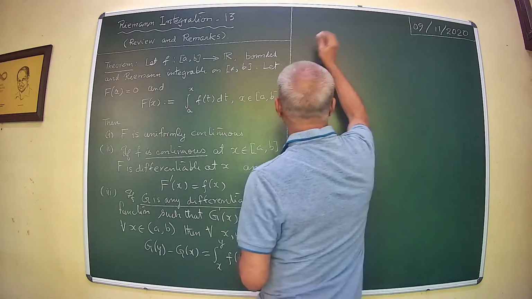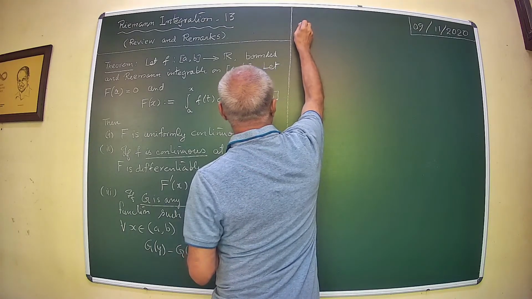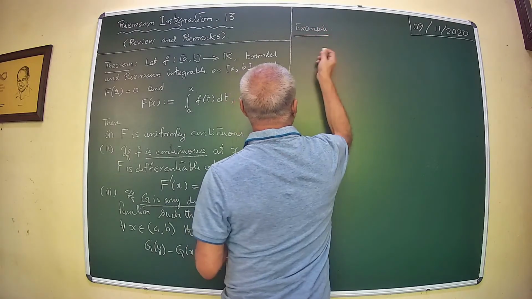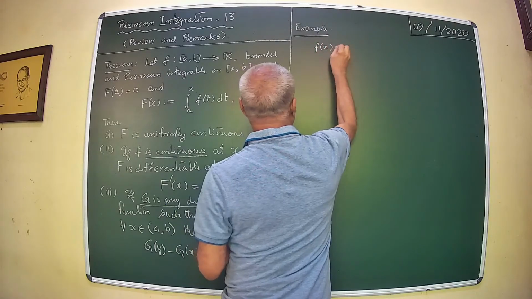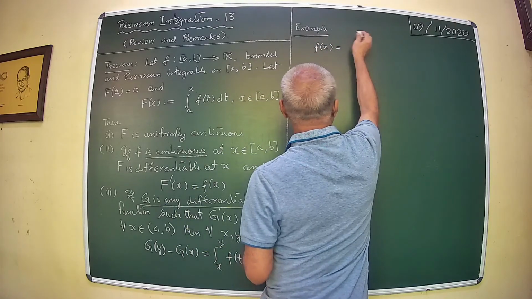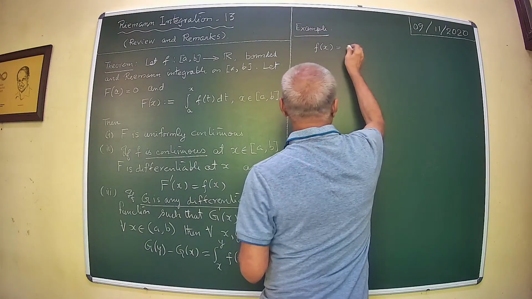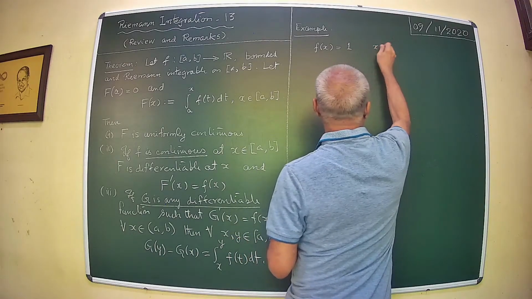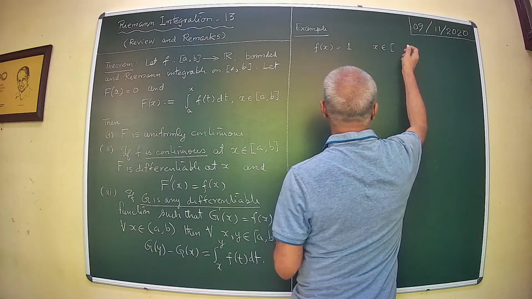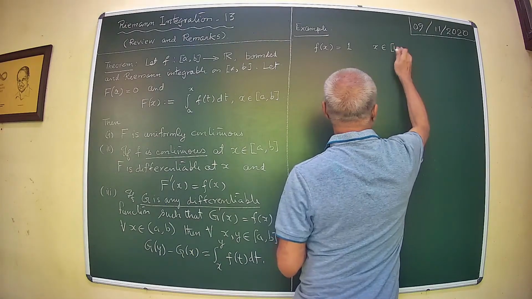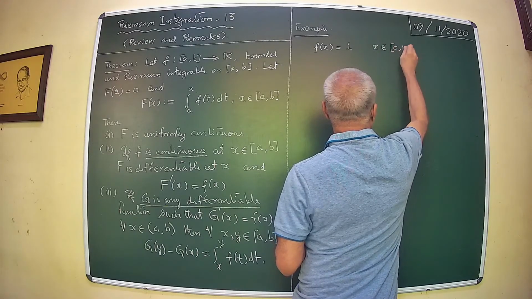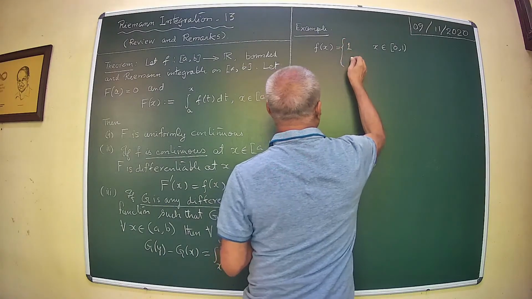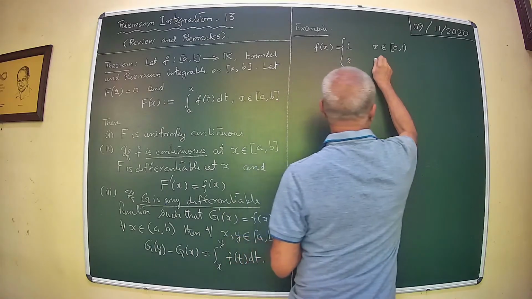Suppose we have the function f, and we take the interval to be 0 to 2, with f(x) equal to 1 over 0 to 1, and 2 over the rest.